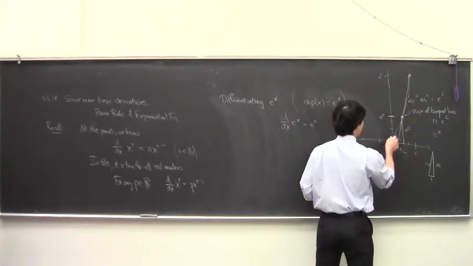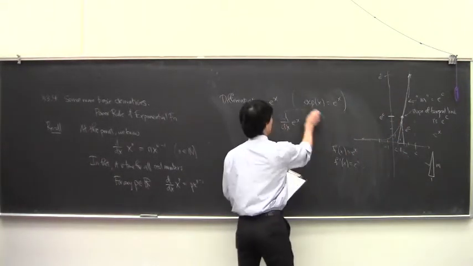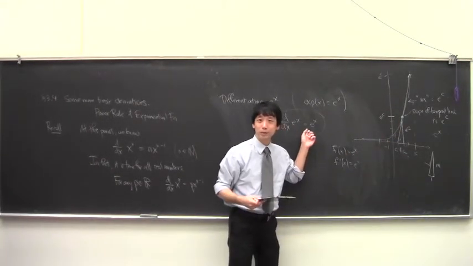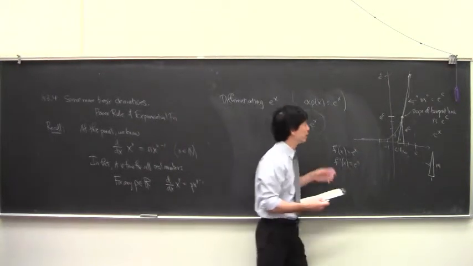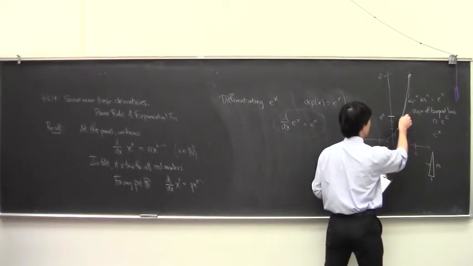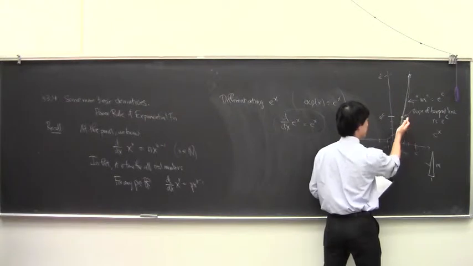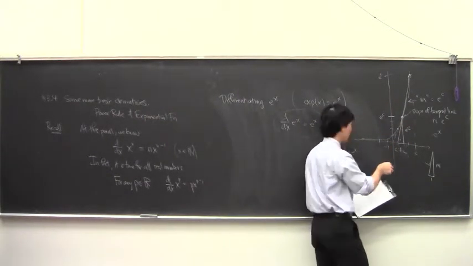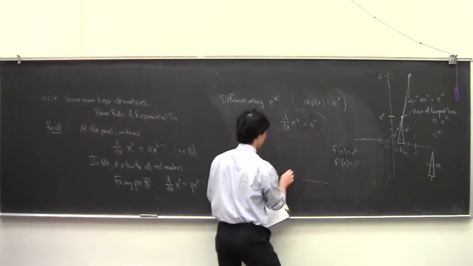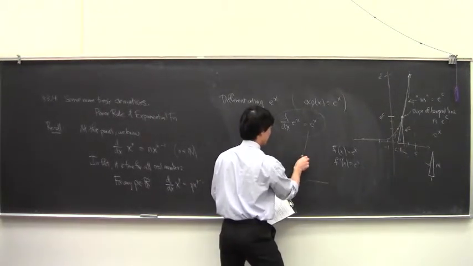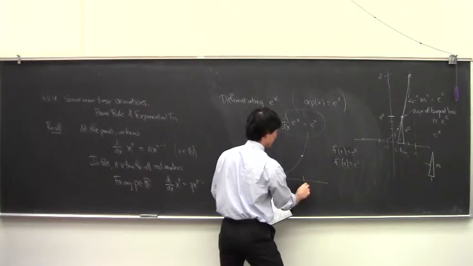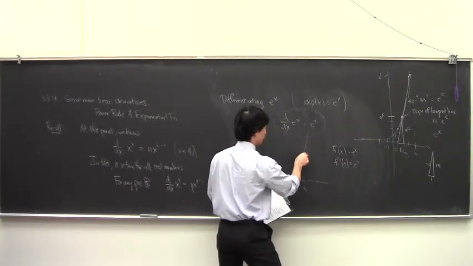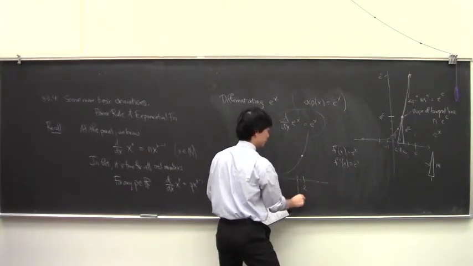So what is this saying? Just to give you some geometric sense of what this is: if you take the tangent line at any point, it's always going to intersect 1 unit over. If I took the point 2 and took the tangent line, it would intersect at 1.